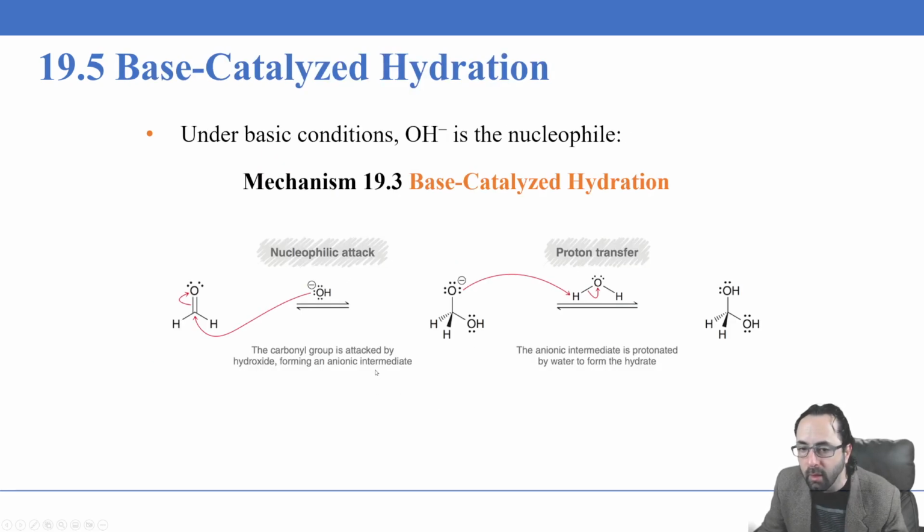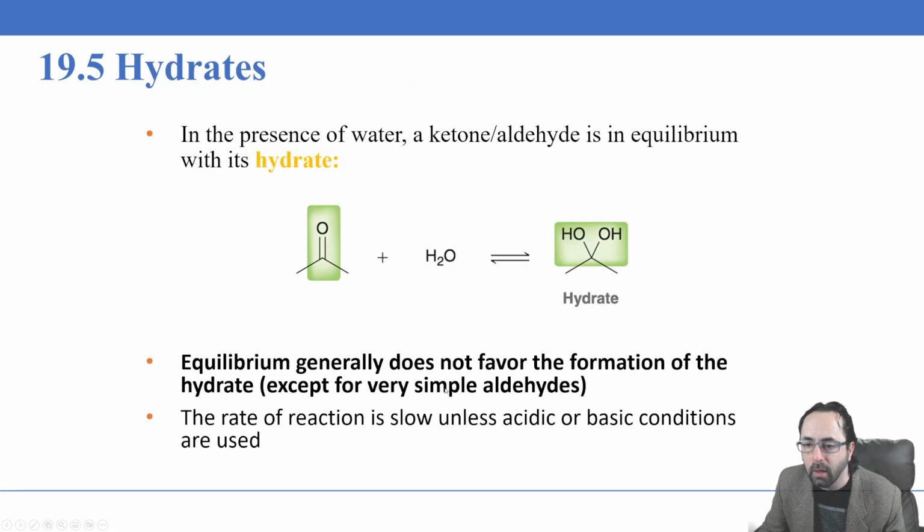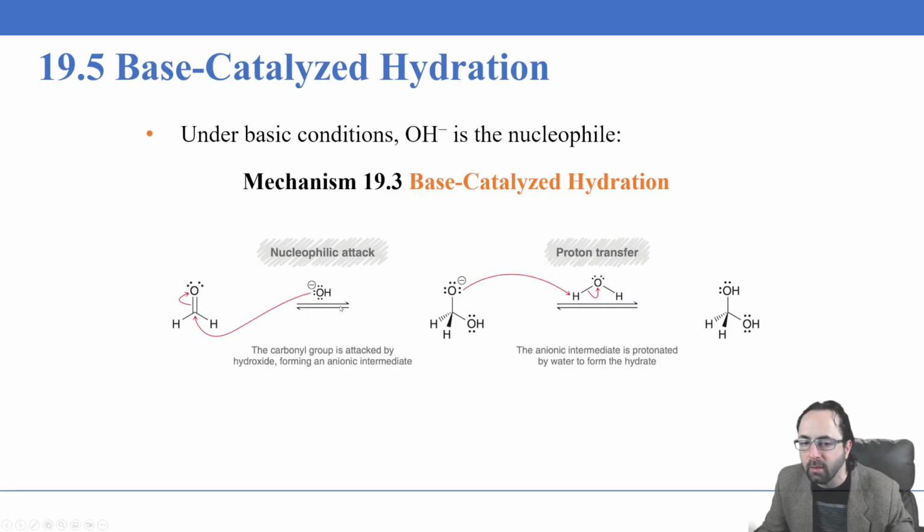When it's done, the mechanism here under the basic conditions for this hydration, if you don't just have water, if instead you have a base, this will be a much better nucleophile, and so this can attack under just normal conditions, hydroxyl being a very strong base and strong nucleophile. And so this is going to undergo a nucleophilic attack.